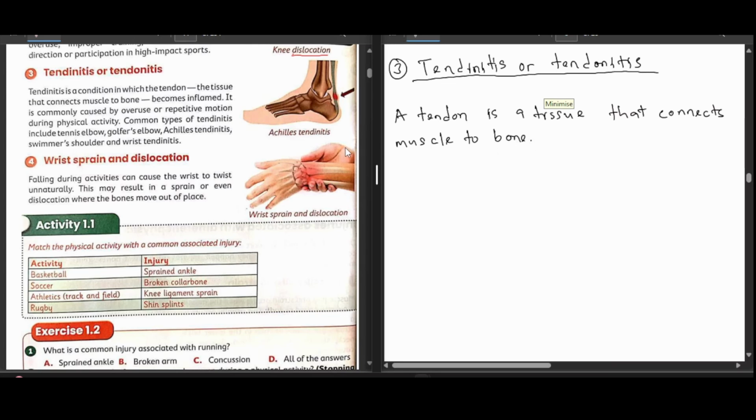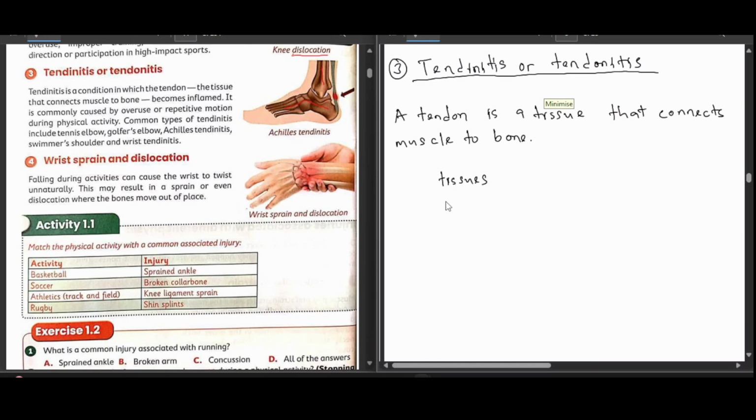So look at this. This is a bone, and we have a muscle which is connecting, a tissue rather, which is connecting muscle to bone. So you have to understand these differences. We are going to have tissues.